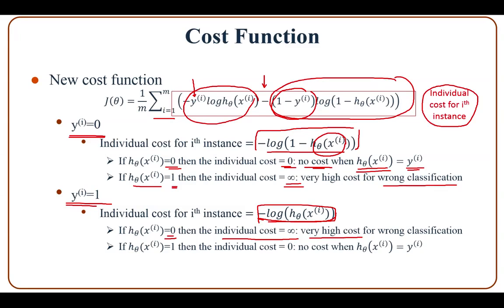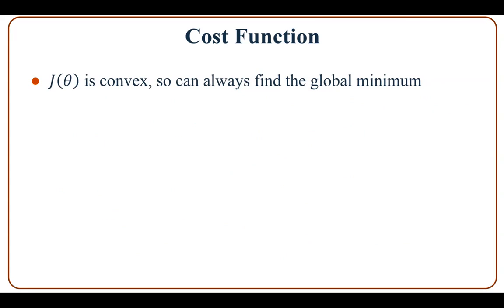And when it is equal to 1, then the cost is equal to 0, meaning that there's no cost when h of x at xi is equal to the actual value of the dependent variable. A nice property of this cost function is this: the cost function is convex, so we can always find the global minimum.